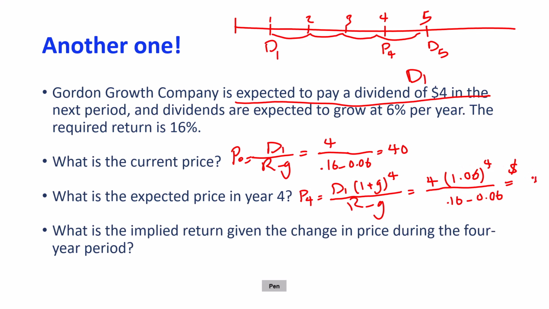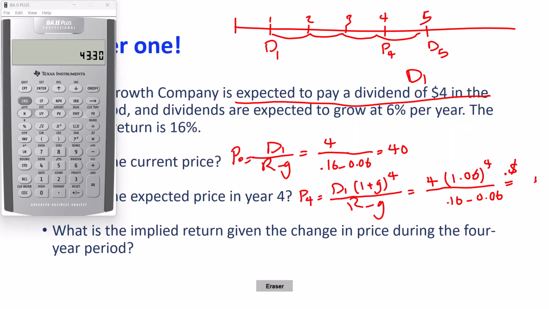I'm just gonna erase it. So 1.06 raised to the power of 4 times 4 divided by 10%. You should be getting 50.05.